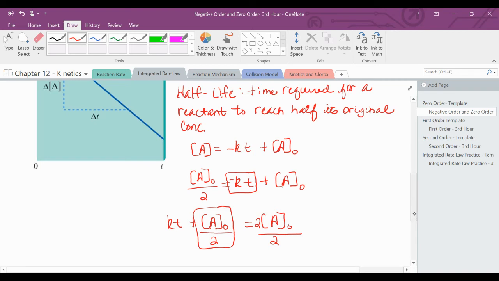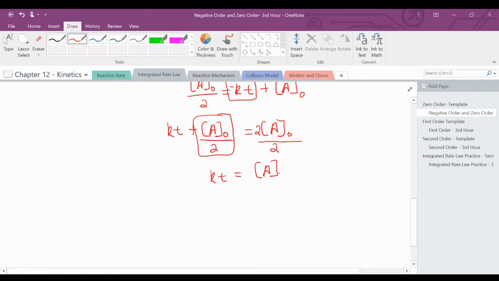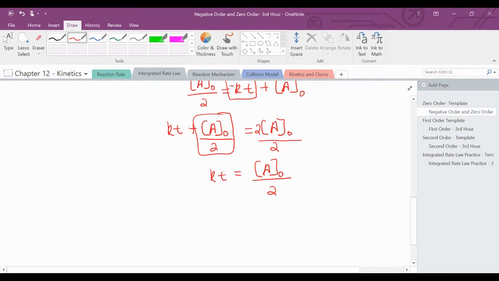And then when I move to the other side, I now have kt is equal to, because 2 minus 1 is 1 on the top, and then the halves stay.